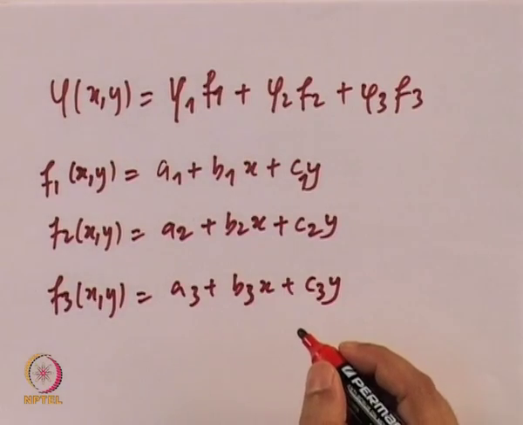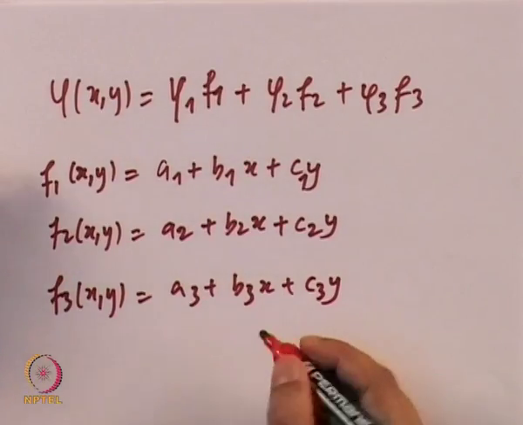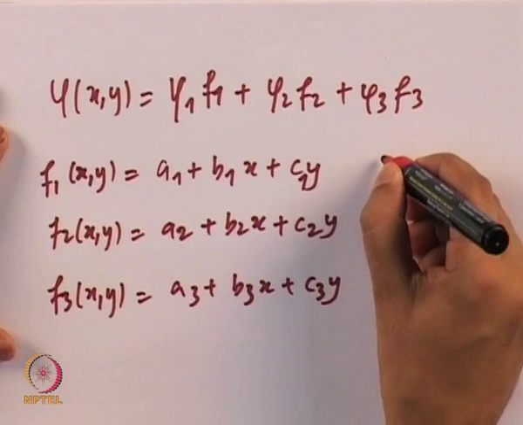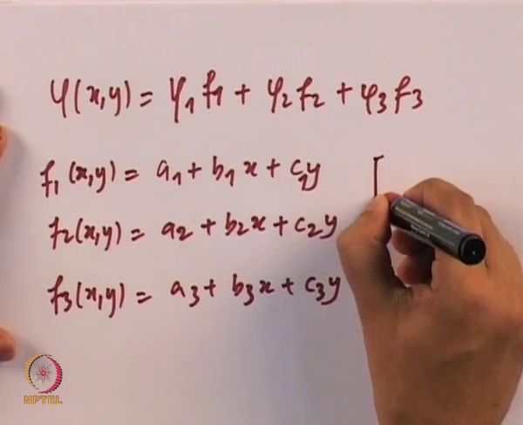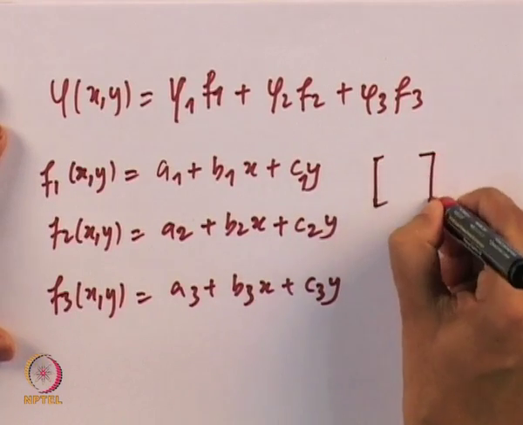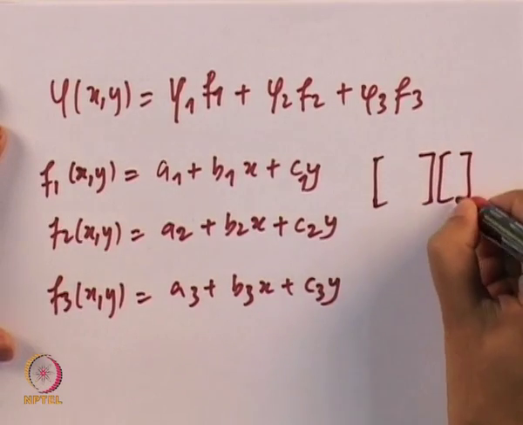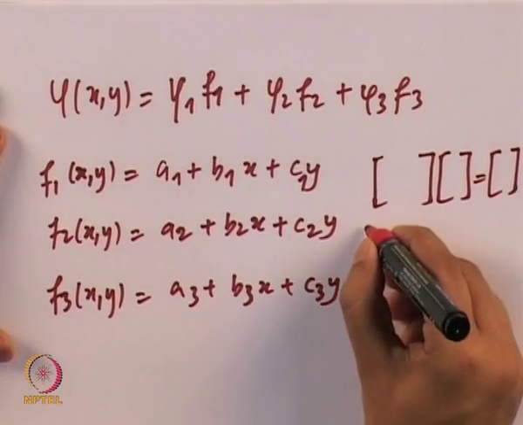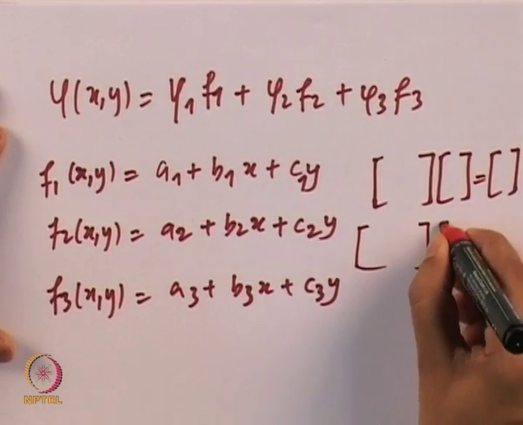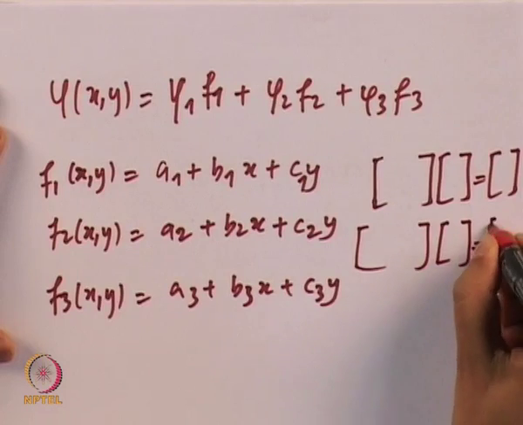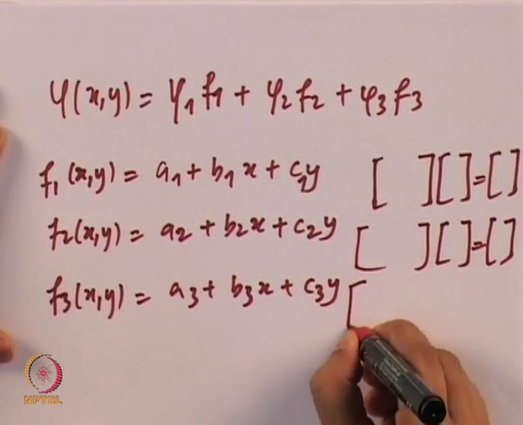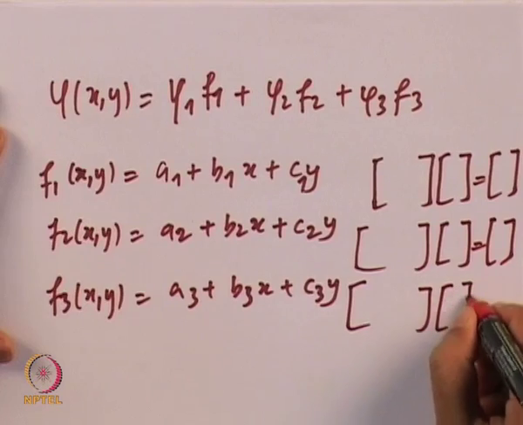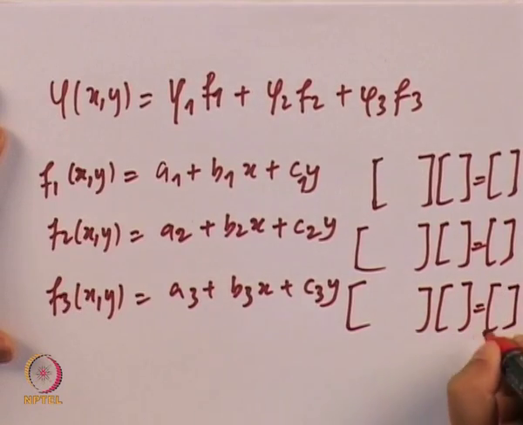So this is the way you compute the values of the basis function, and like before, you will get a matrix equation of the form something equal to something. So this would be a matrix equation for each of the basis functions. You will get 3 equations.